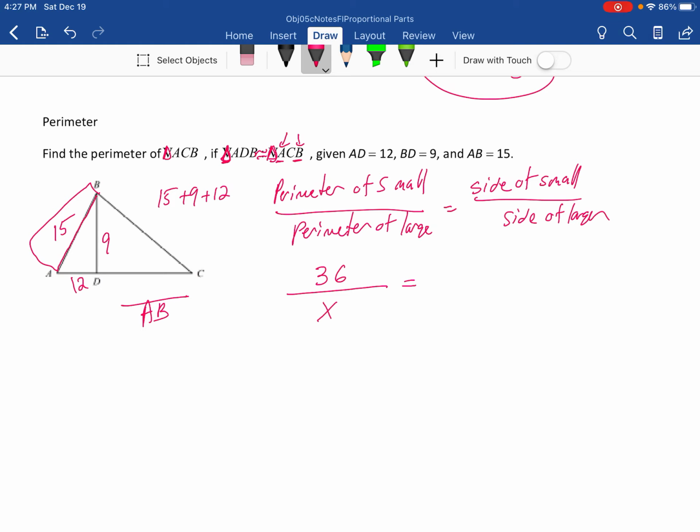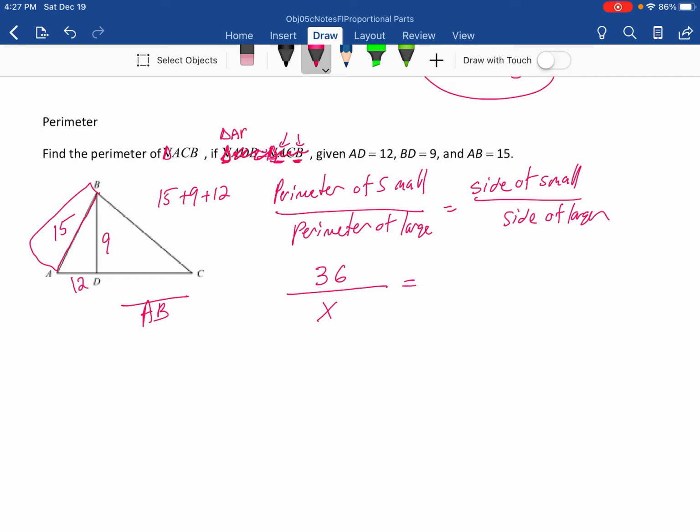So AB on my larger triangle corresponds to AC. Wait, AB on my larger triangle corresponds to, oh, you know what? I think that this statement is wrong.